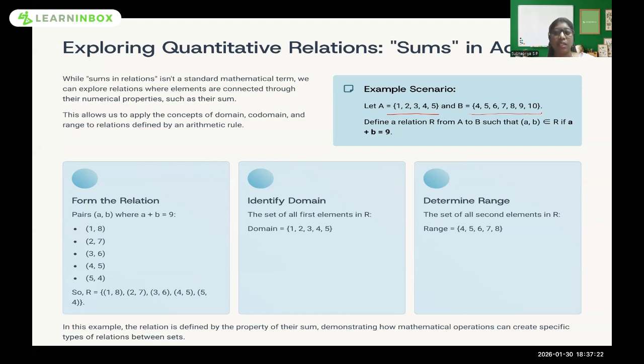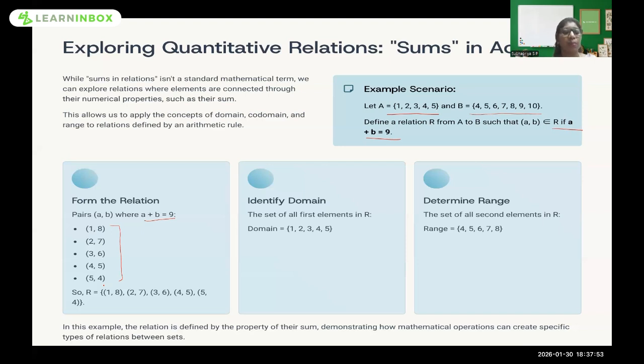The relation here is (a, b) belongs to R, where a plus b is equal to 9. So whenever we add it up, we have to get 9. Those will be our pairs. So for relation (a, b), a plus b equal to 9, we will be getting these pairs first: (1, 8), (2, 7), (3, 6), (4, 5), and (5, 4).